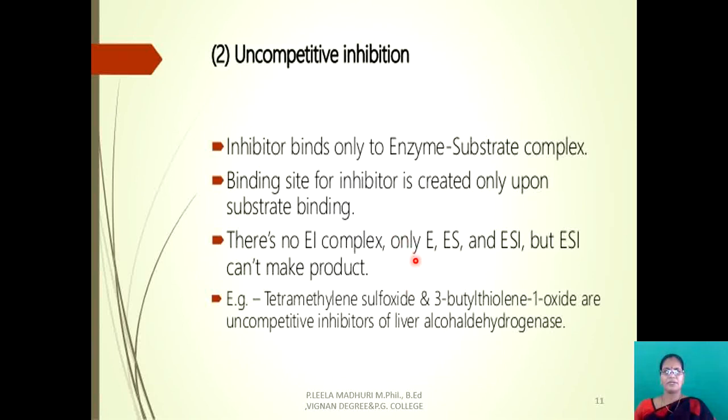Examples of uncompetitive inhibition: tetramethylene sulfoxide and 3-butyl thiolene 1-oxide are uncompetitive inhibitors of liver alcohol dehydrogenase.